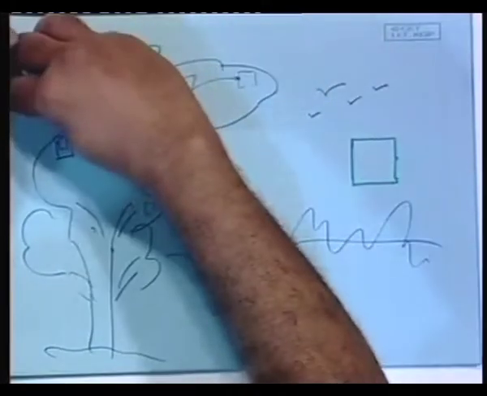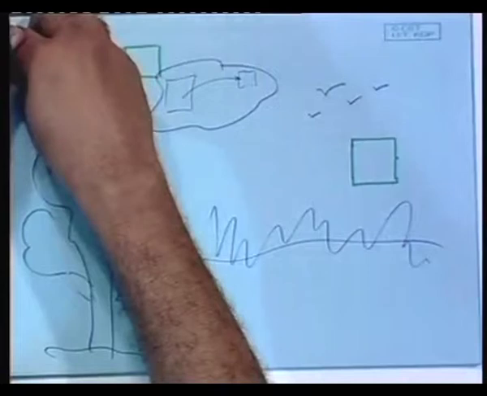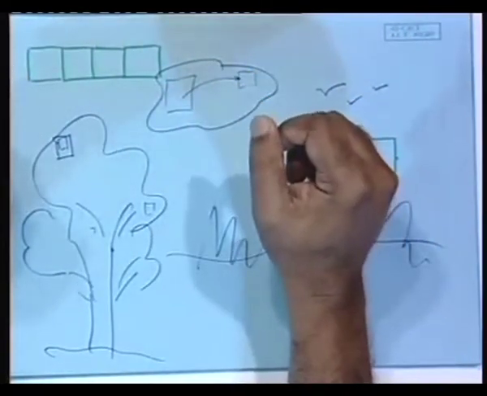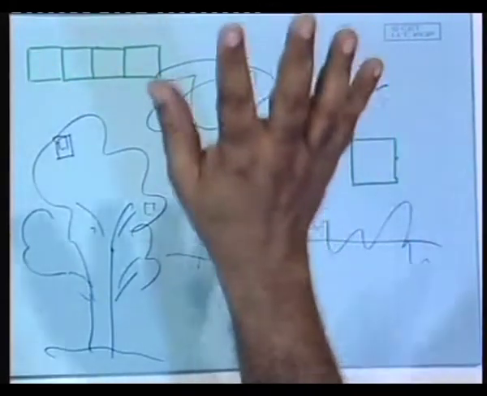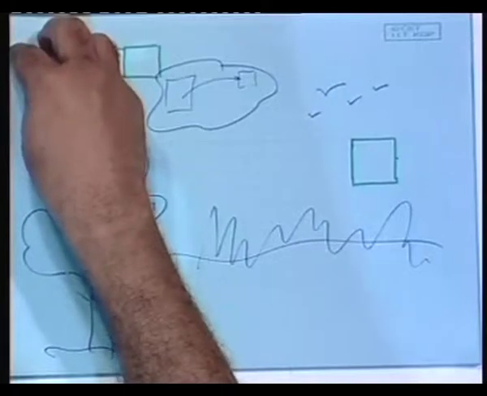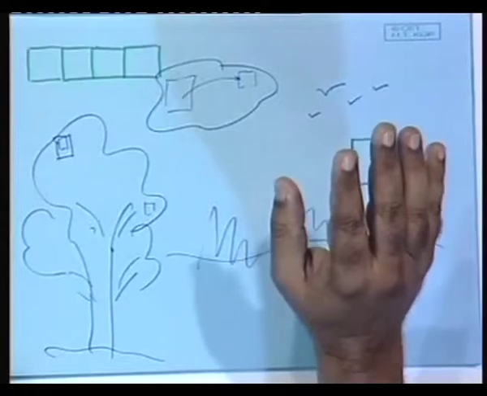So, this square can be rotated, flipped or shrunk, but it cannot be rotated by 45 degrees to get this image. So there is only a small number of affine transformations possible that will get from this image to this image.